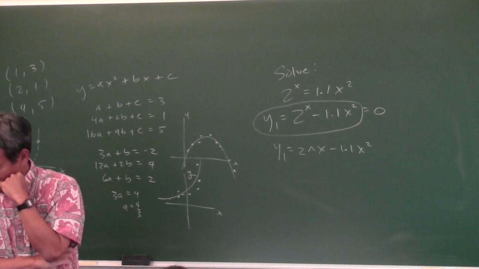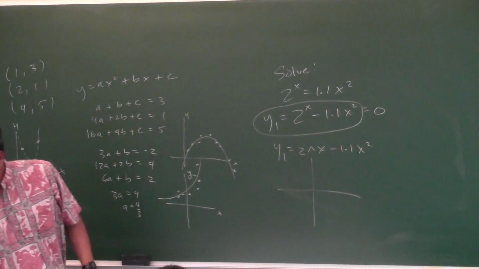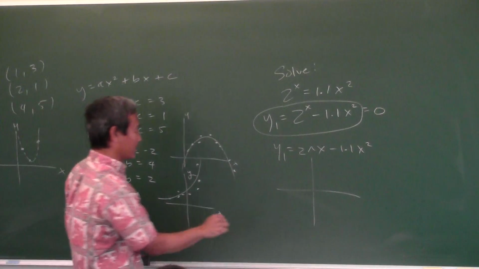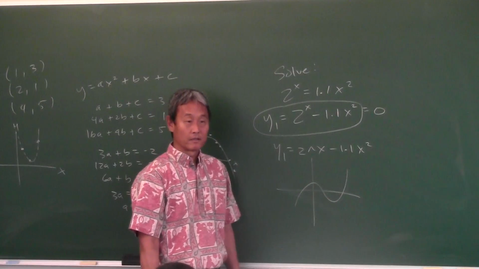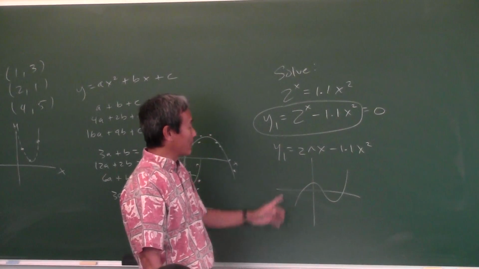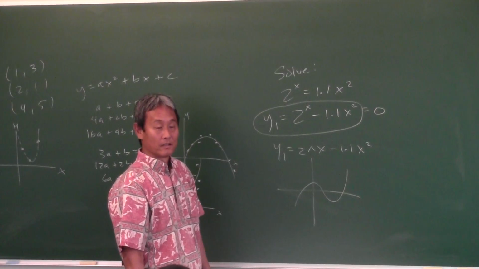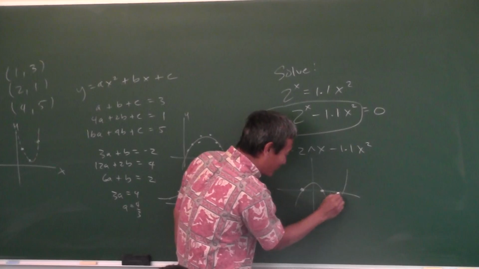Okay, what does the graph look like? It kind of looks like this. So how many answers are there? Looking at this graph, how many answers does this equation have? 3. 1, 2, 3.